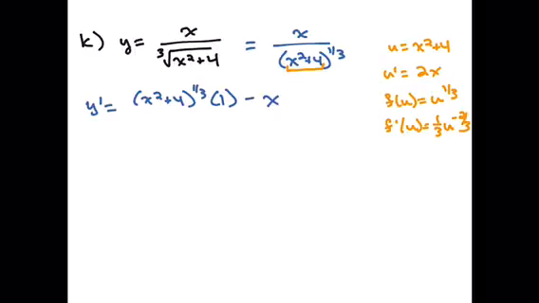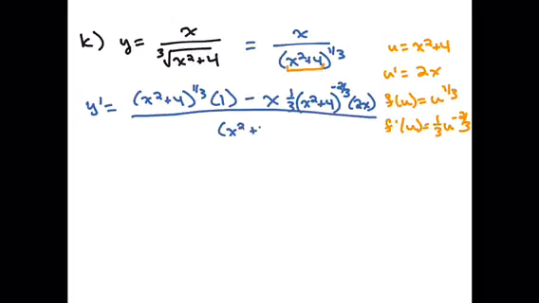So when I plug that back in here for my d low, I'm going to get 1/3 times u, which is (x squared plus 4), to the negative 2/3 times u prime, which is 2x, all over low squared, which would be (x squared plus 4) to the 1/3 power. When I square that, I get 2/3 power.